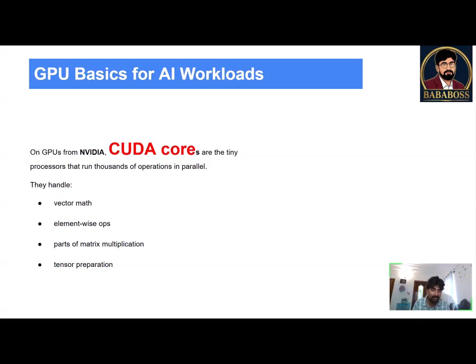You decide based on your available GPU. If you have 20 GB of GPU VRAM, then I can go for a 7 billion model with BF16 floating point, which will take 14 GB, and the remaining 6 GB it will use to manage your context. If you are passing a big context, then it again needs some VRAM. Based on that, you can decide how much VRAM you need.